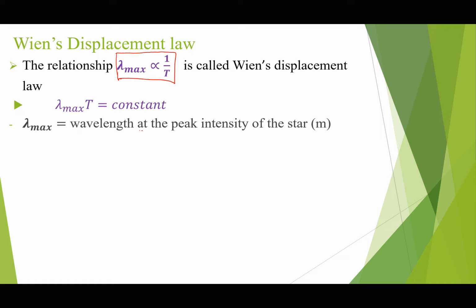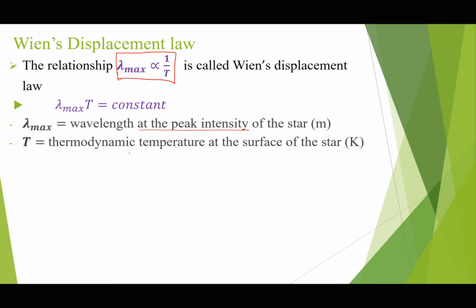This is the very important thing: it is not the maximum wavelength, but the wavelength at peak intensity of the radiation which is emitted from the star. And remember, T should be the thermodynamic temperature at the surface of the star. So that is what we call Wien's displacement law.